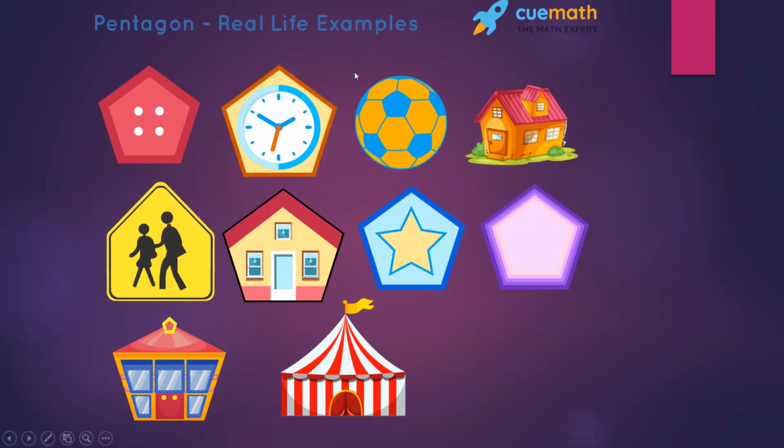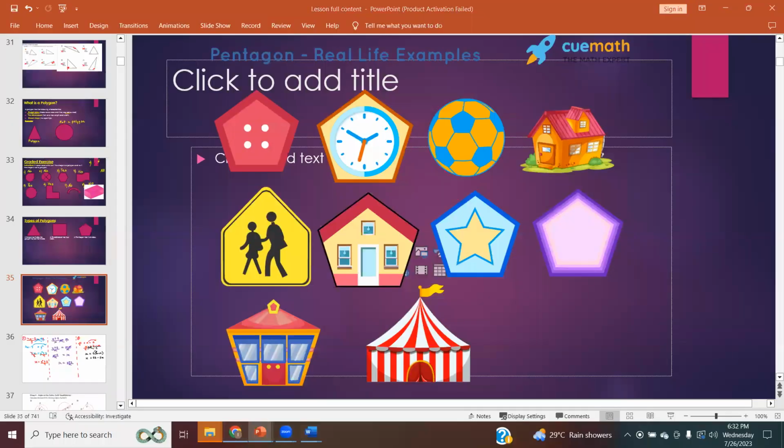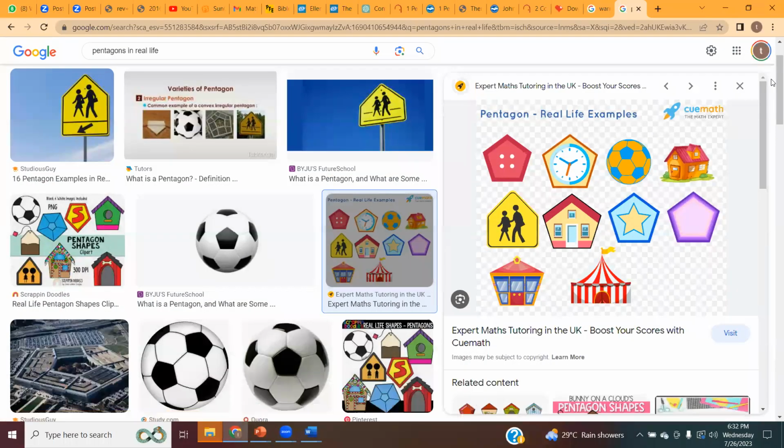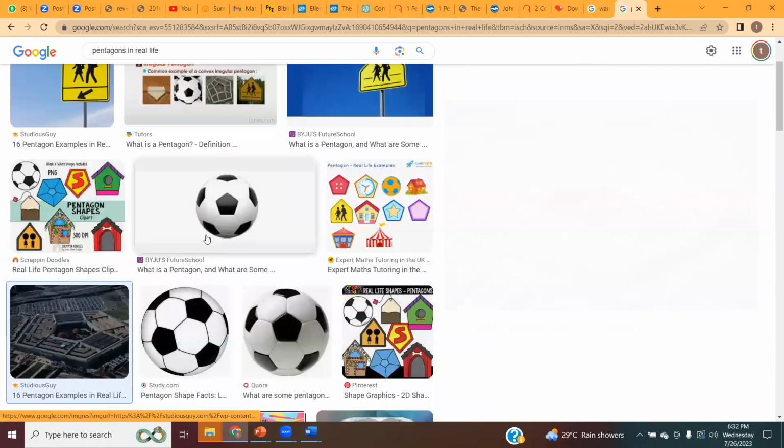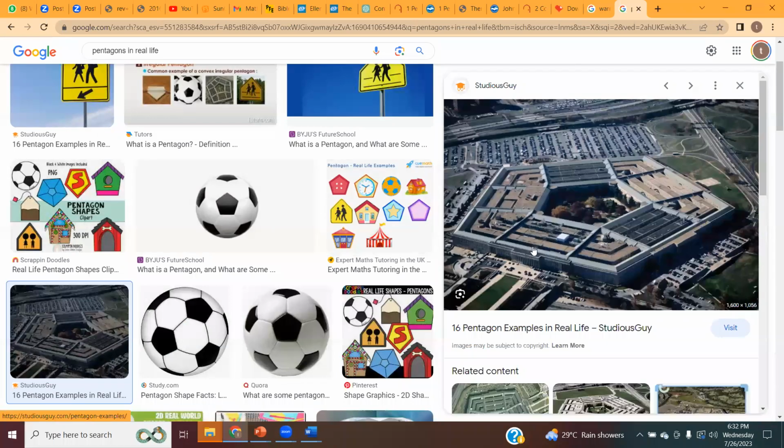And there's actually a real building that's the shape of a pentagon in the United States. Anyone ever see it before? Let me see if they have it here. There it is. This is a real pentagon. The building itself is literally a pentagon. 1, 2, 3, 4, 5.